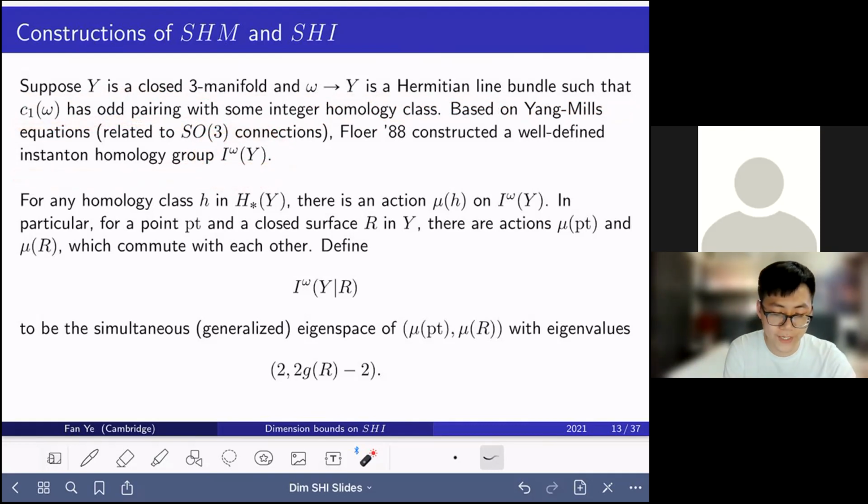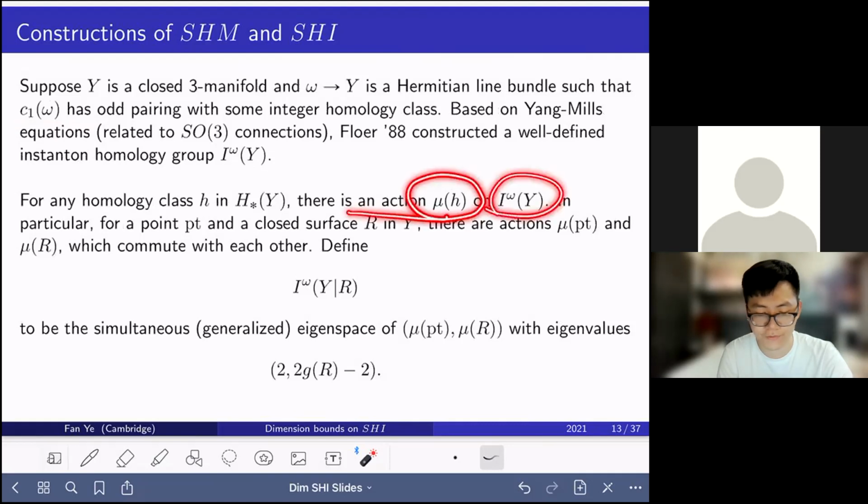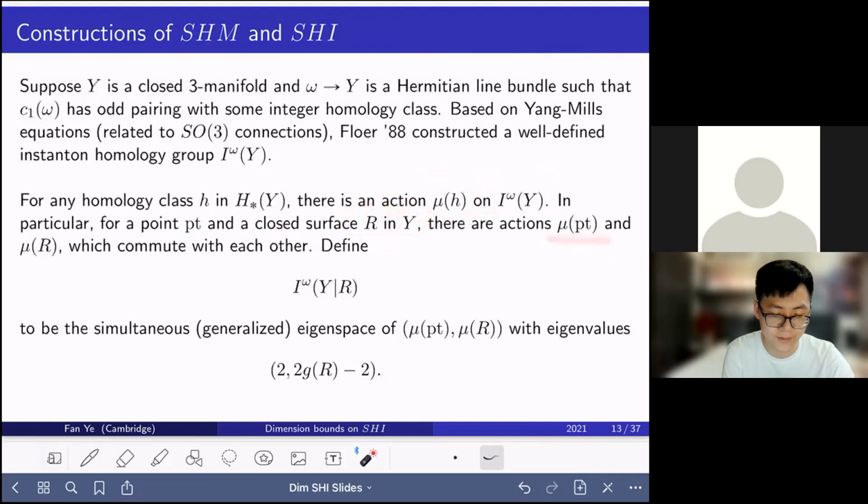In this case, for any homology class in the homology group of Y, we can define an action mu on I_omega of Y. In particular, for a base point and a closed surface R in Y, there are actions mu of the point and mu of R, which commute with each other.